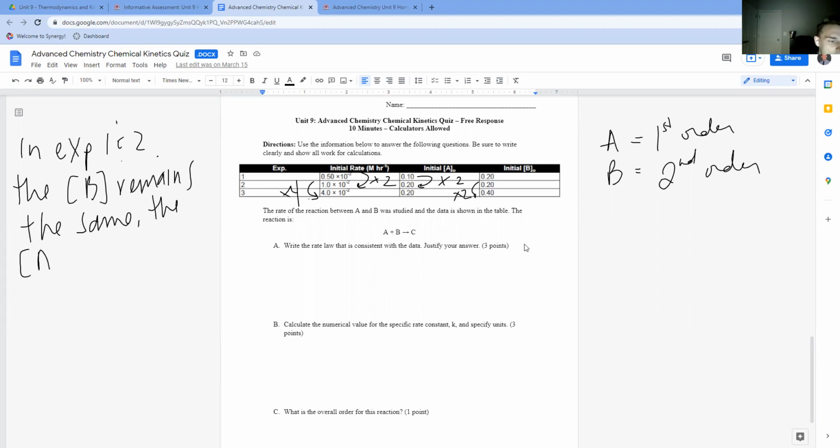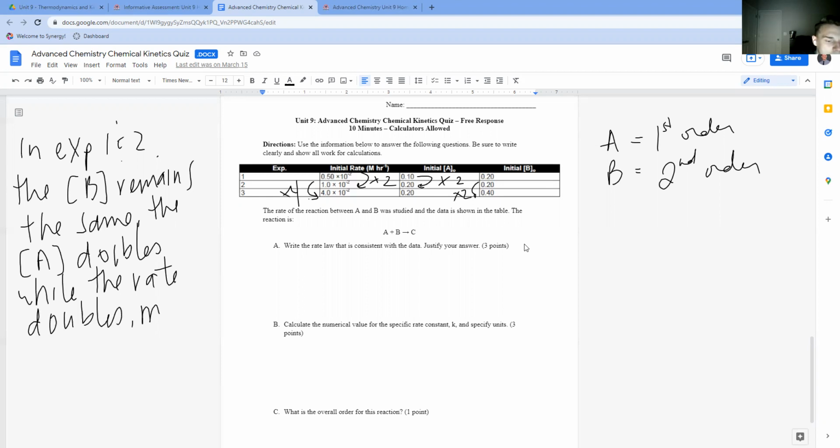The concentration of A doubles while the rate doubles, making it first order with respect to A.